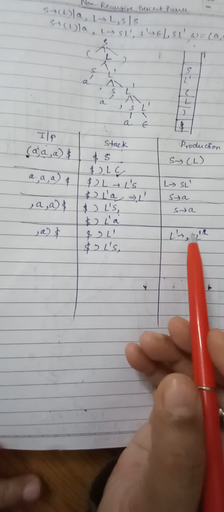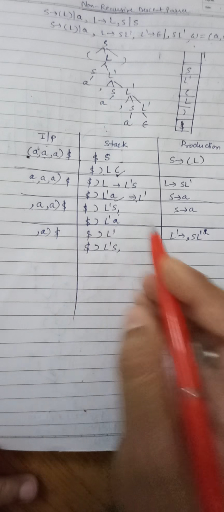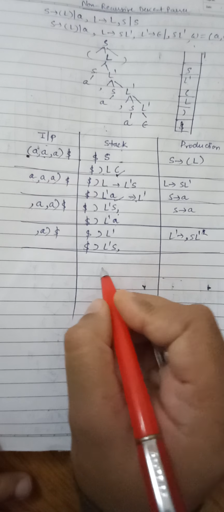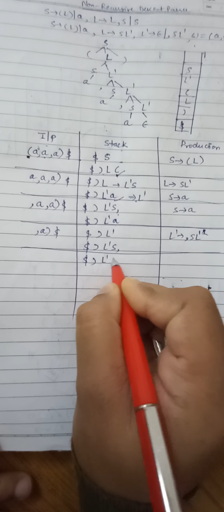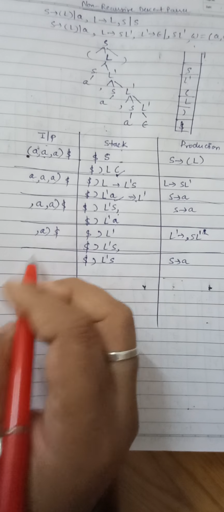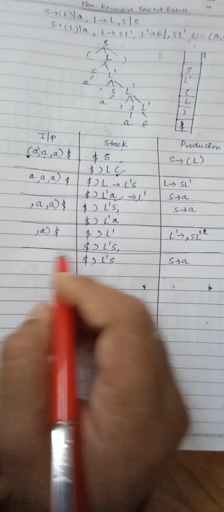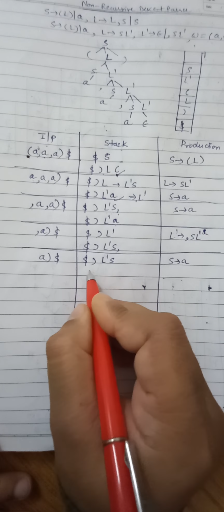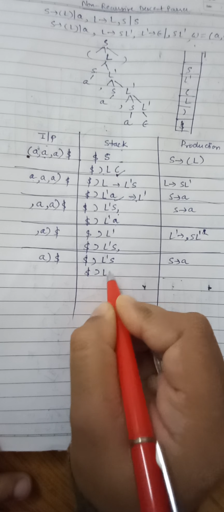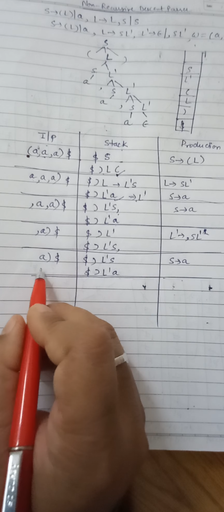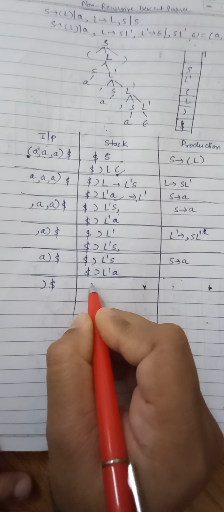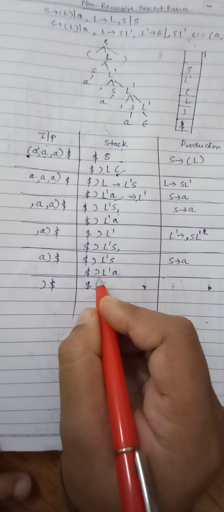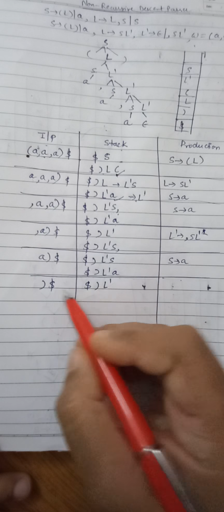Then now comma is over, and what is left now is L dash S. So instead of S we will write S tends to A, so comma is over, A is over, and what is left is L dash A. A is also over, so what is left is the closing bracket and L dash only.